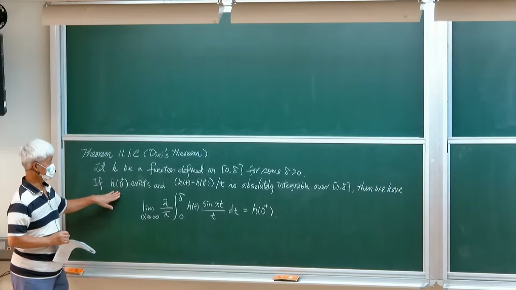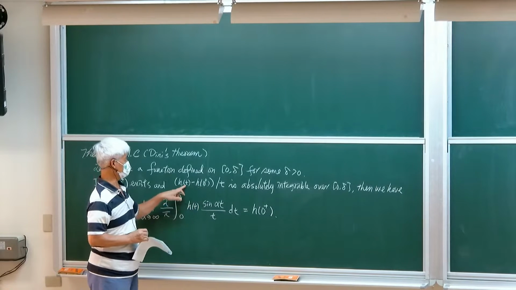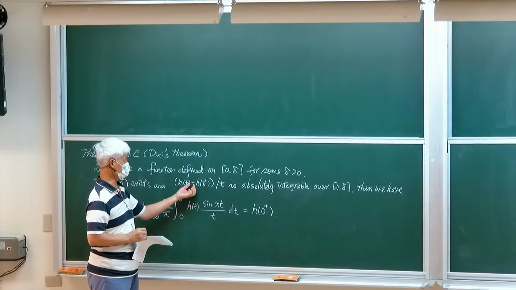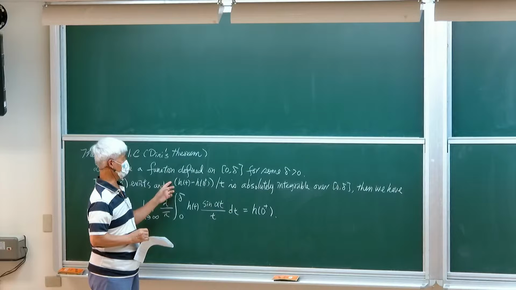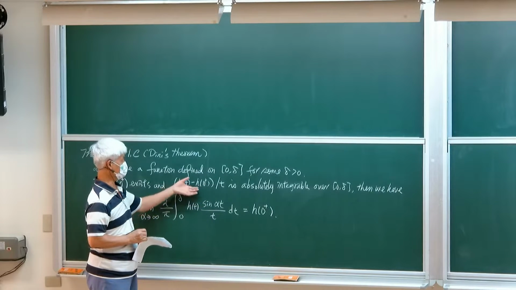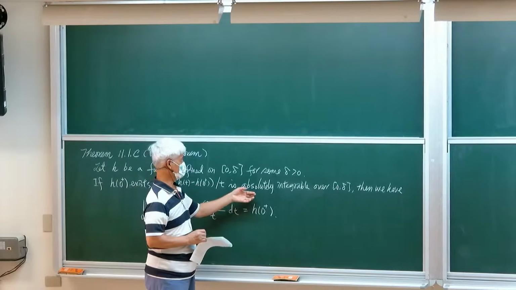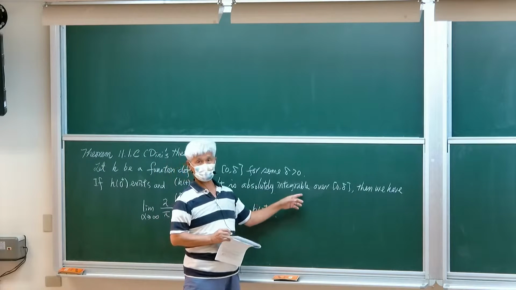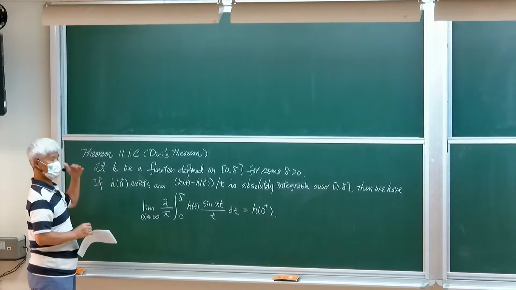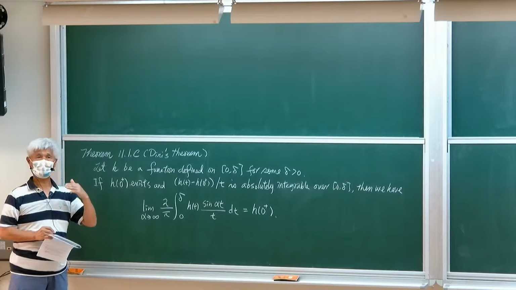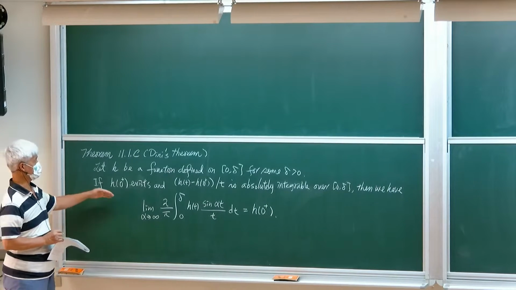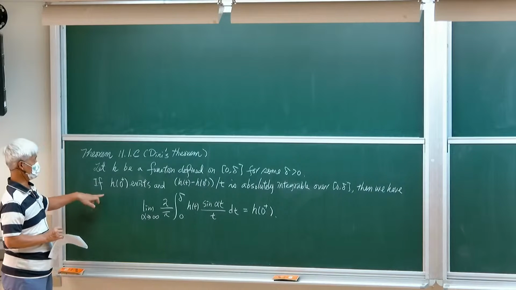Also the difference is 0, because this is a constant and this is the same constant, so the difference is 0 divided by t. So this is the zero function, and any zero function is absolutely integrable. So the example we took last week is just a special case of Dini's theorem.